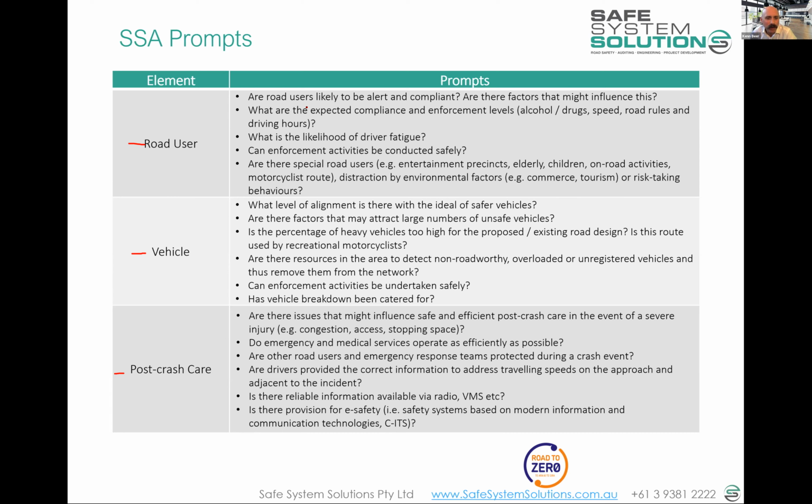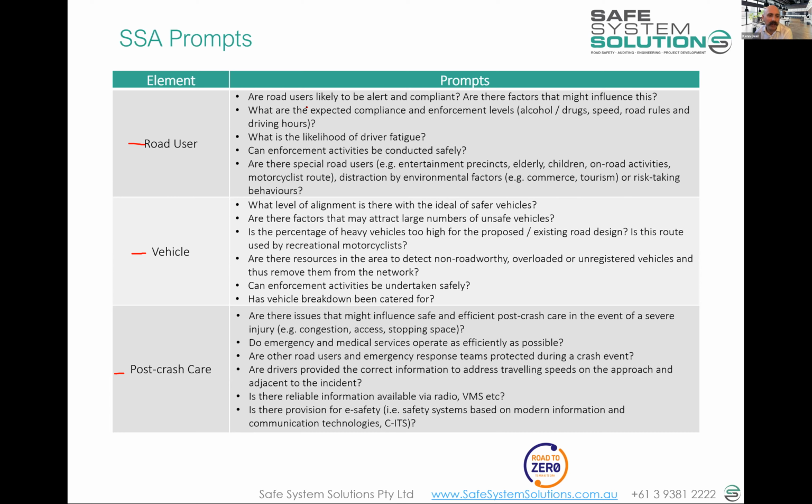Are other road users and emergency response teams protected during a crash event? Are drivers being provided correct information to address travel speeds on the approach and adjacent to the incident? And is there reliable information available via radio or VMS? Again, those are often most relevant to urban motorways, but it's good to think about that for whichever project it is.